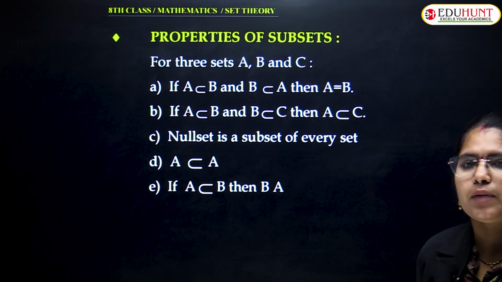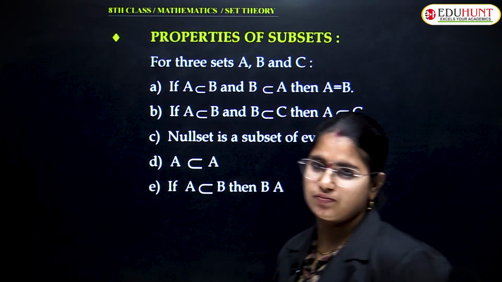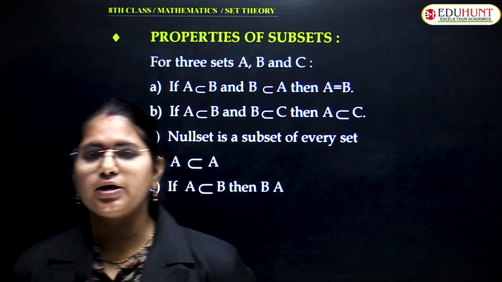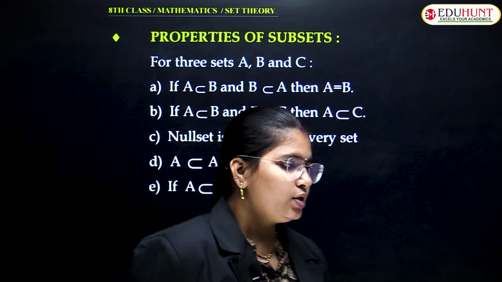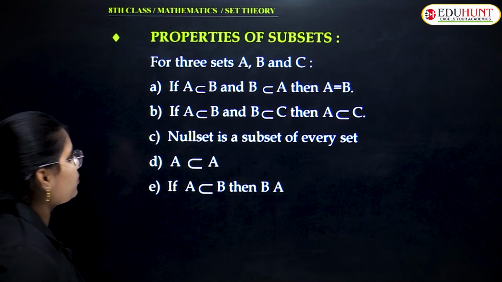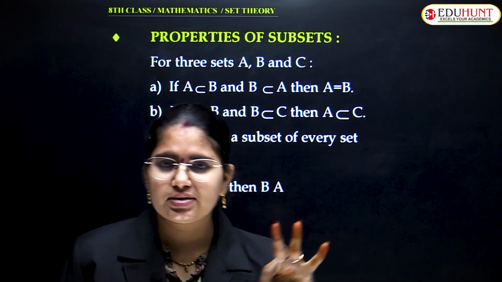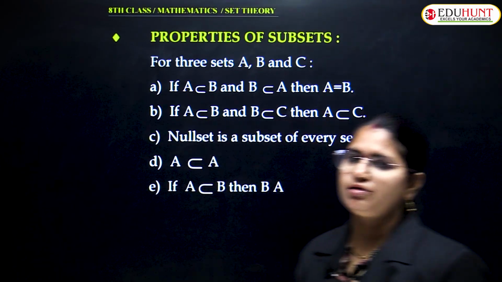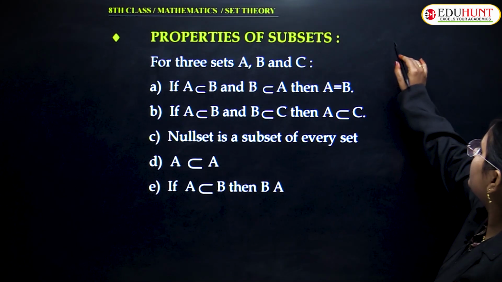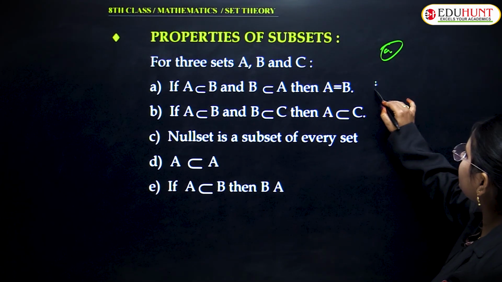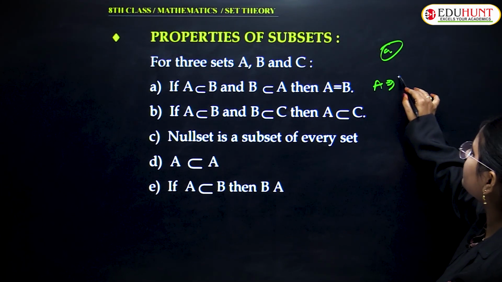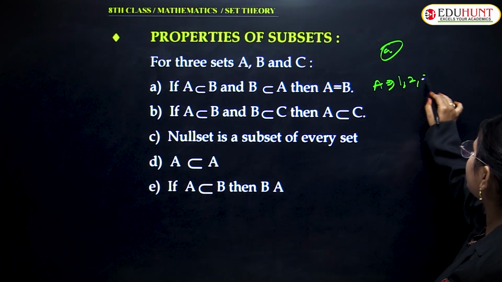Next, what are the properties of subsets? So here we'll talk about the properties of subsets. Let me take any 3 sets. For example, let me take A is equal to 1, 2, 3, 4.